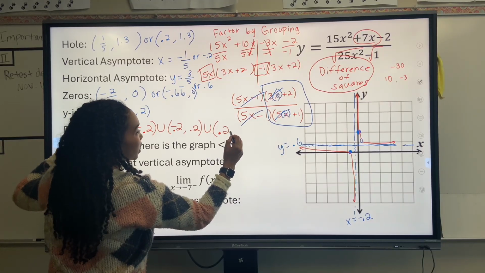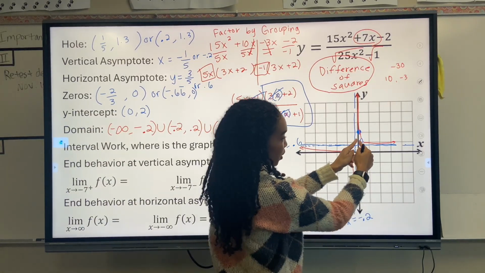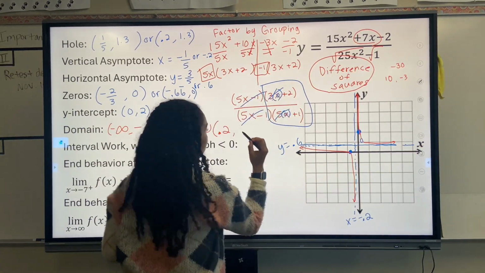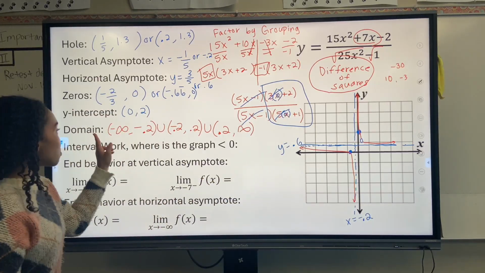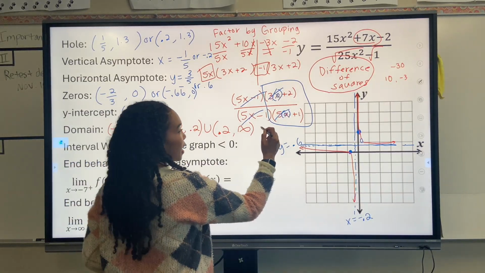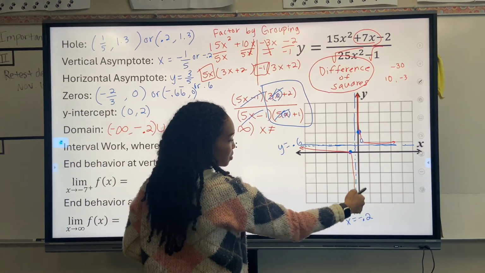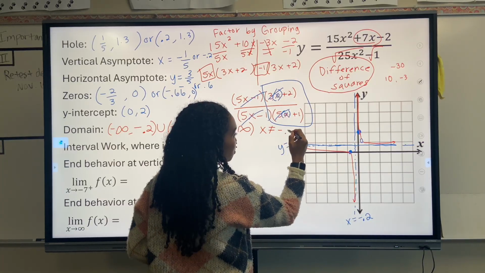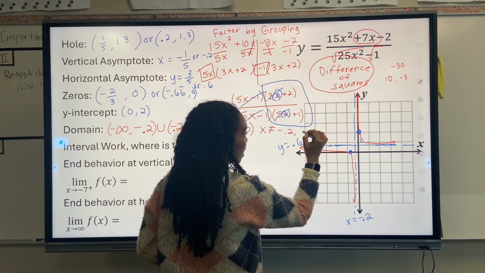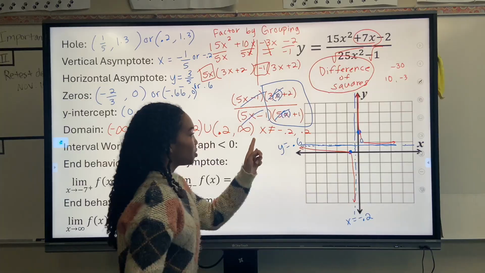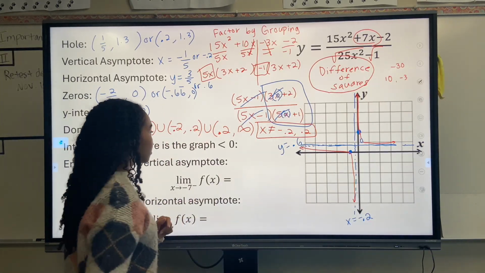And then we pick up after the hole, so from 0.2, it goes on forever. So that is my domain. You can also say x cannot be the asymptote, which is at negative 0.2, or the hole, which is at positive 0.2. You can also write your domain as this.